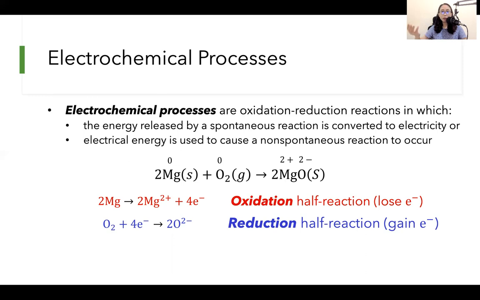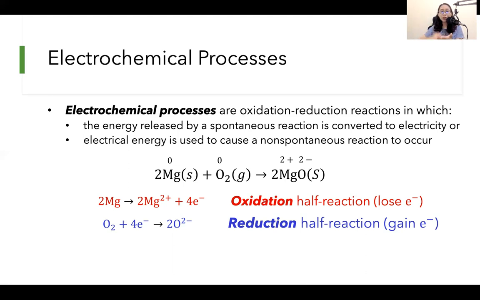Where do the electrons go? They go to the molecule that undergoes reduction, because reduction is a process in which your molecule gains electrons. So you now see why these two processes cannot take place without the other.